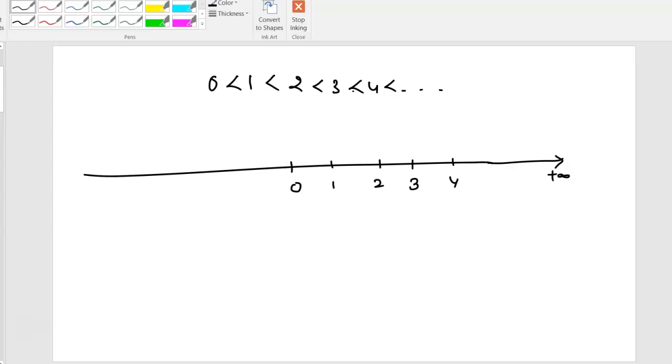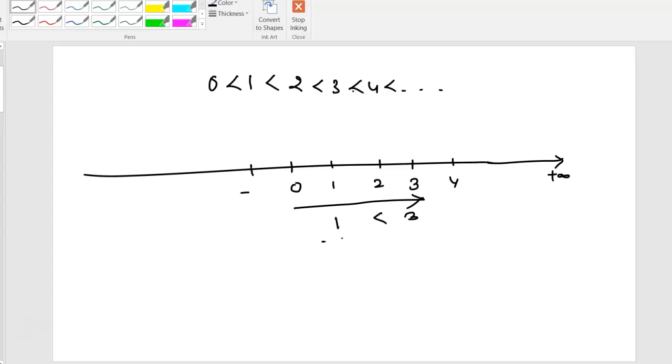So when you move from left to right, you will see that your number increases. So suppose you need to compare two numbers, 1 and 3. Whichever is on the right side would be greater, and whichever is to the left side would be lesser. Okay, so this is how you compare the numbers on a number line.